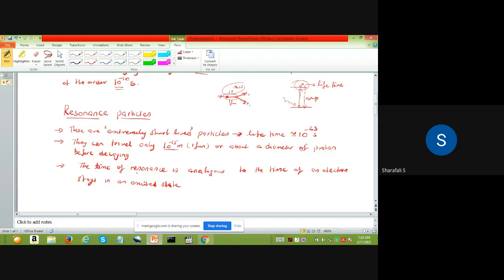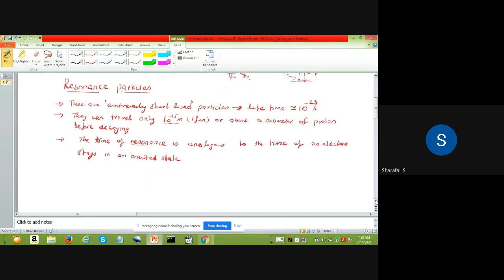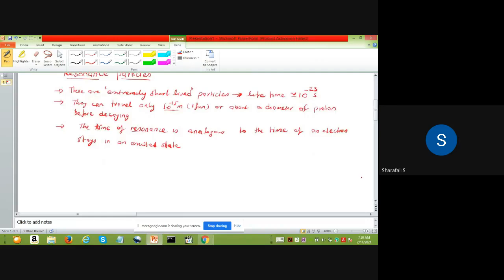So the time of resonance is analogous to the time of electrons staying in the excited state. This is the lifetime of those particles, and these are the resonance particles. So it is analogous to those electrons which are in the excited state.